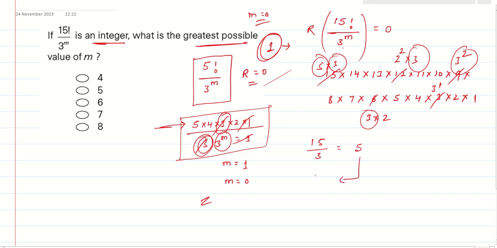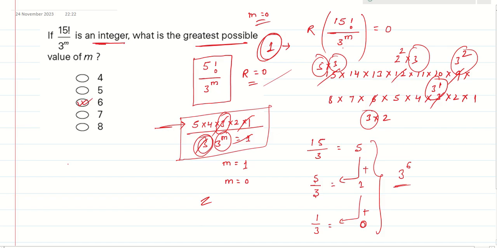Now take 5 again, divide by 3. How much will you get as the quotient here? 1. Quotient 1. Take 1 again, divide by 3. What is the quotient I'll get? 0. Correct, no? So add all this together, that is the number of 3s. How many 3s will we have? Highest power is 6. Correct, no? So the answer is 6 here.